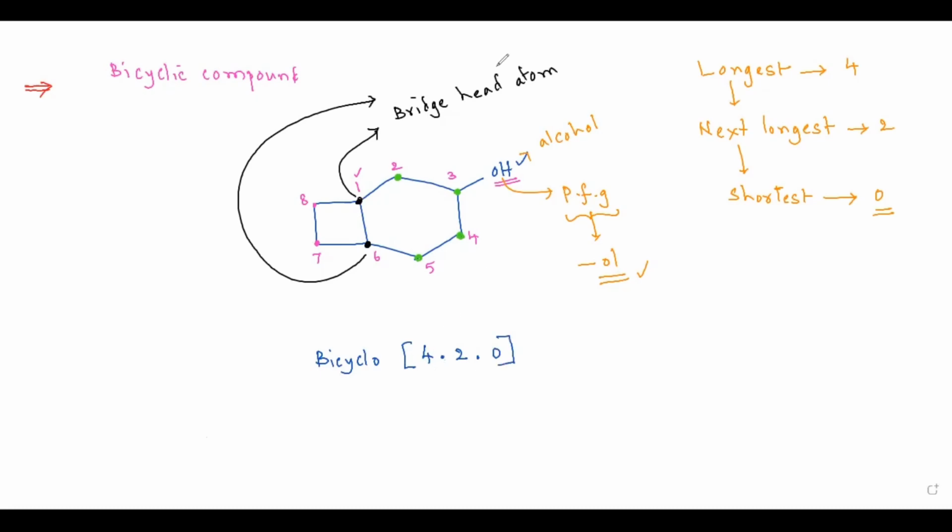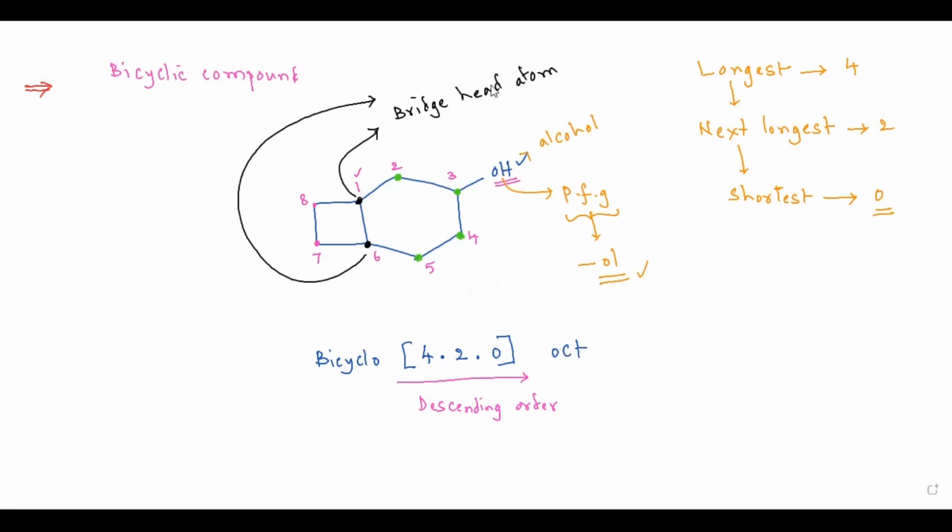So these are arranged in descending order, 4 to 0. The way we have given numbers: first along the longest, next longest, and finally shortest. 4 to 0. A total of 8 carbons are there.